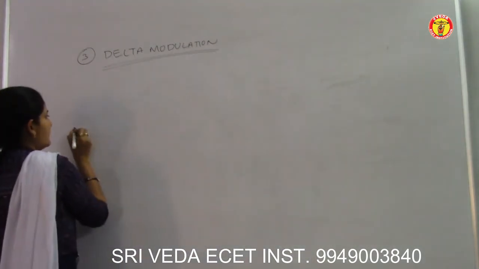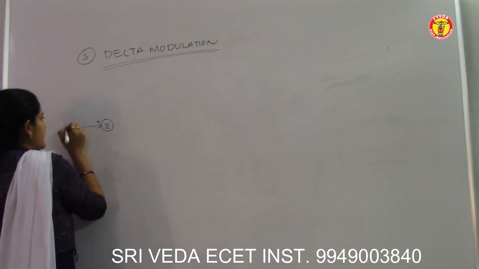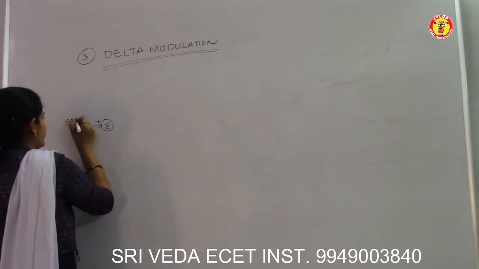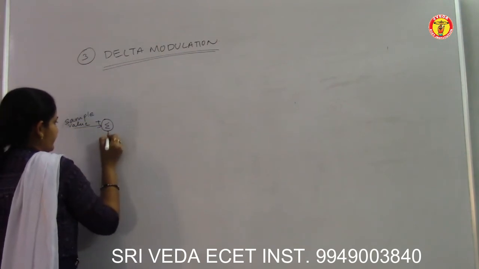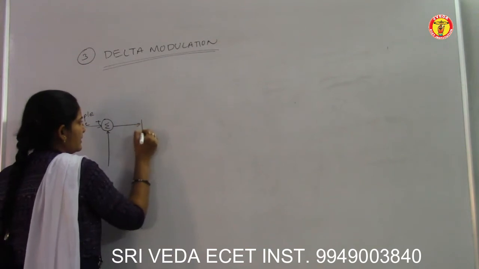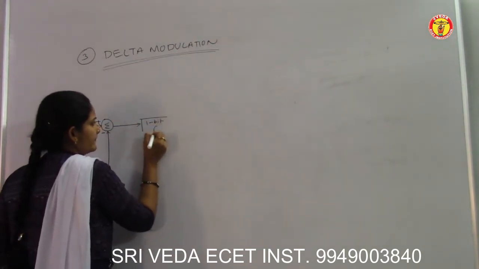So we have seen that this is my present sample value. Next, this is my 1-bit quantizer.